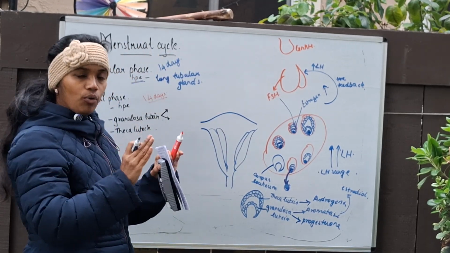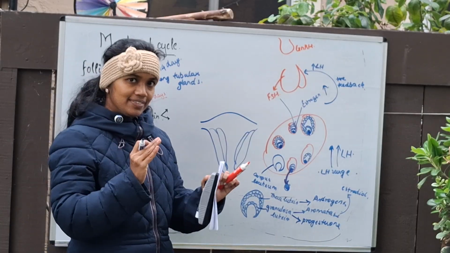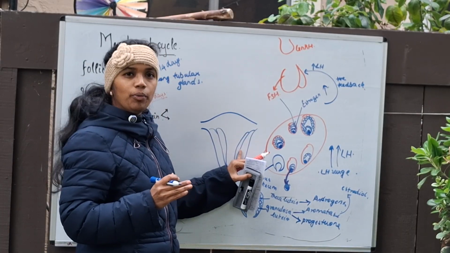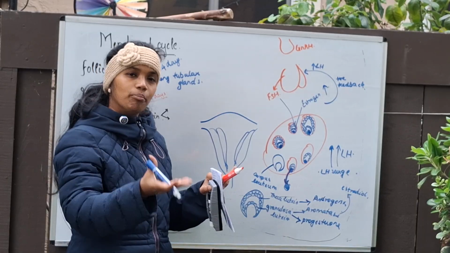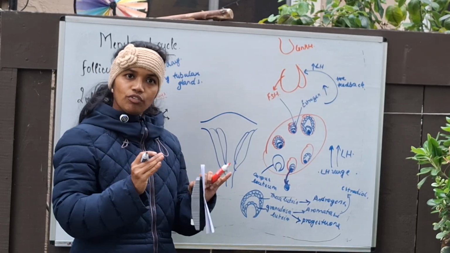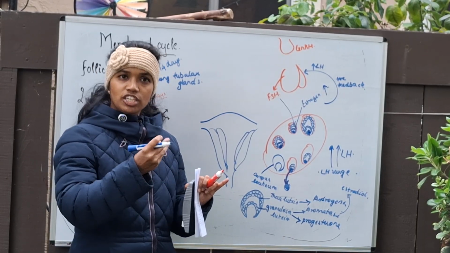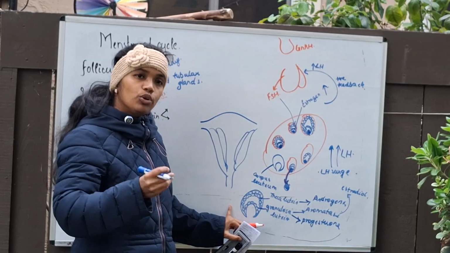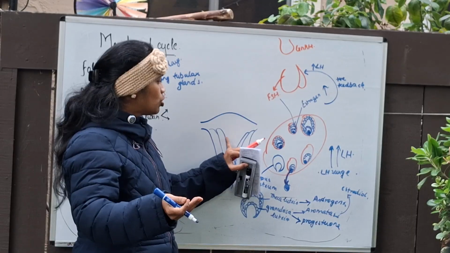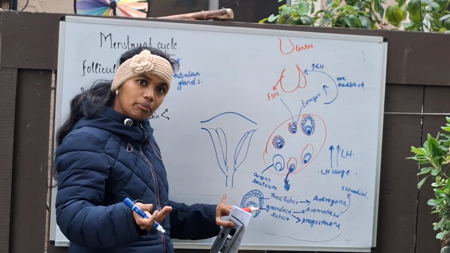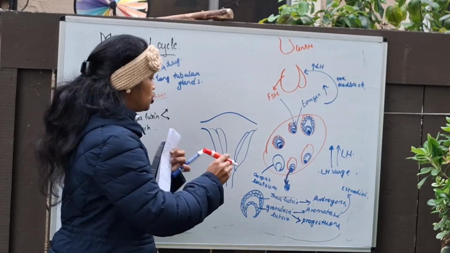So for a few more days, the progesterone will be maintaining the endometrial bed, waiting for the zygote to embed in it if fertilization has happened. It will wait for another 14 days. If the fertilization doesn't happen and the zygote doesn't embed, the corpus luteum will degrade, therefore there will be loss of progesterone. The loss of progesterone will result in sloughing of the endometrium, which is the menstruation.